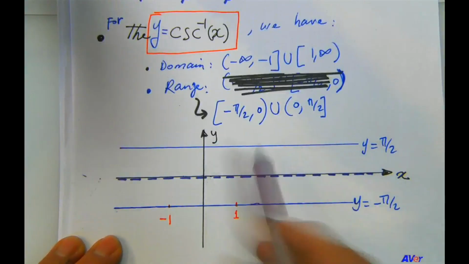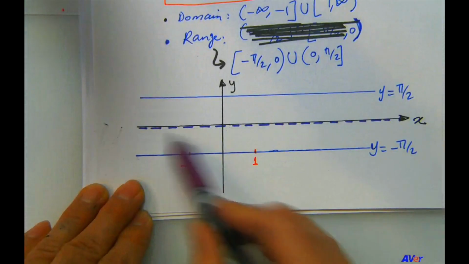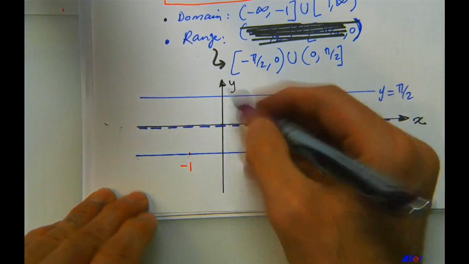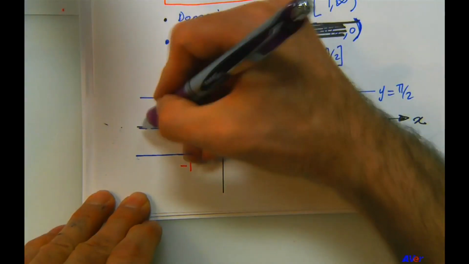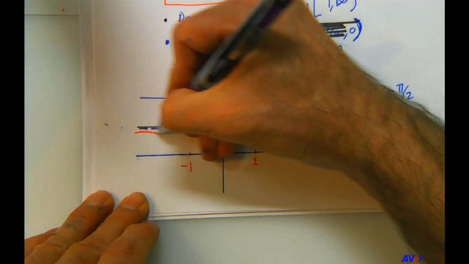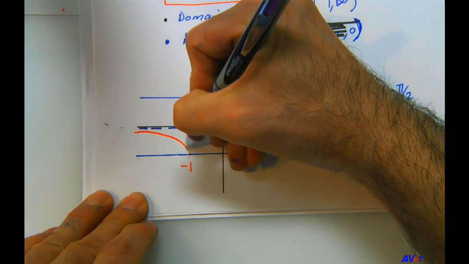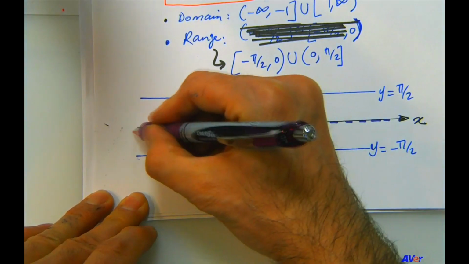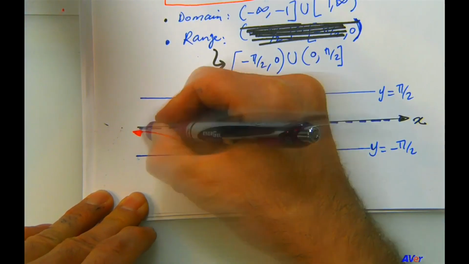Okay, so then the range, so let's see. This is going to be negative infinity to negative 1. So clearly, we're coming from here to this point. So that's one piece.